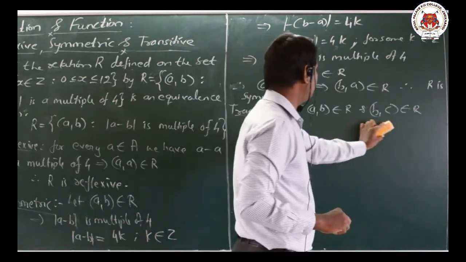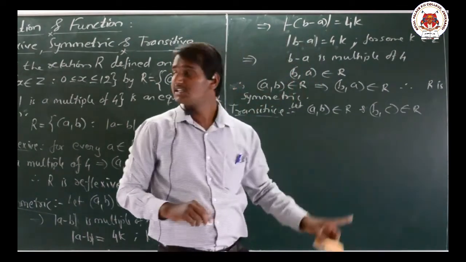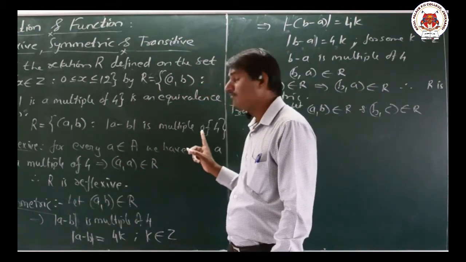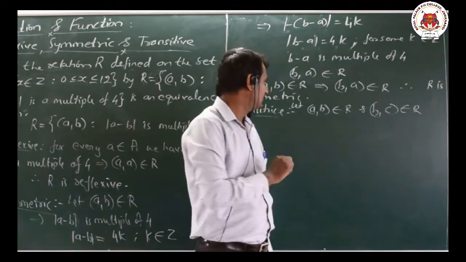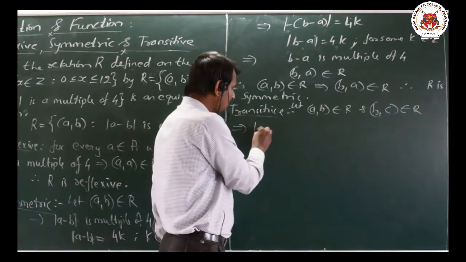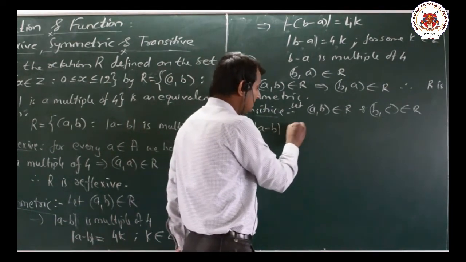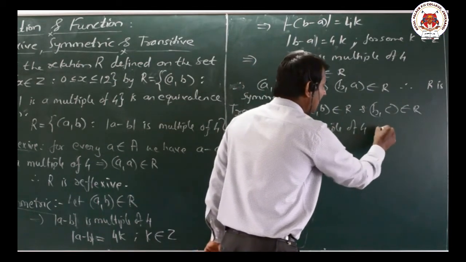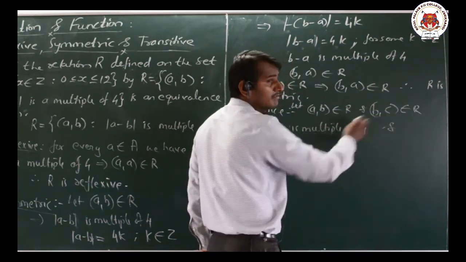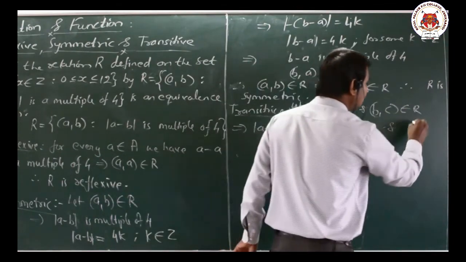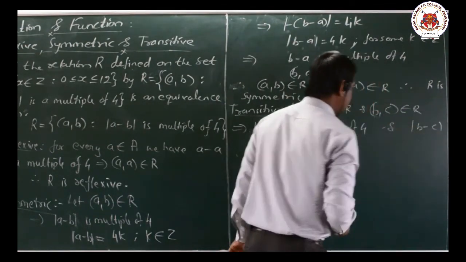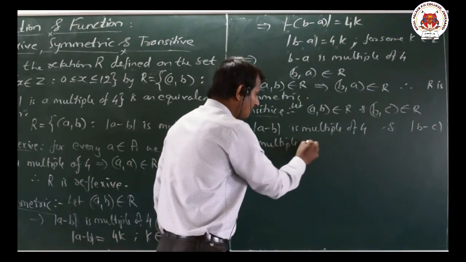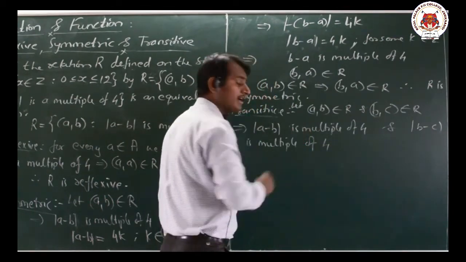(a, b) belongs to R, what does it mean by the definition? By the definition, it says that mod of a minus b is a multiple of 4. And (b, c) belongs to R, so mod of b minus c is a multiple of 4.